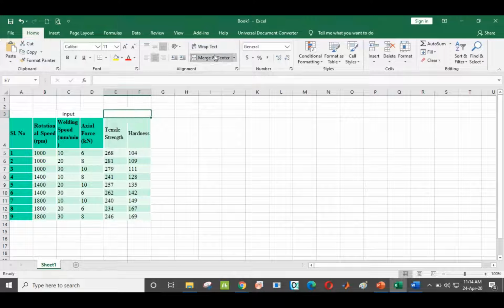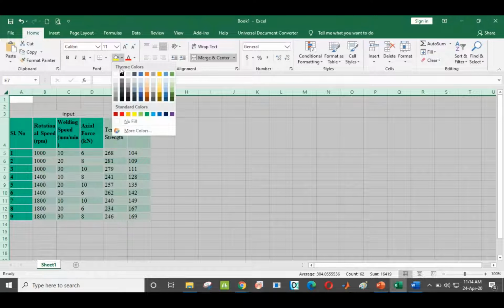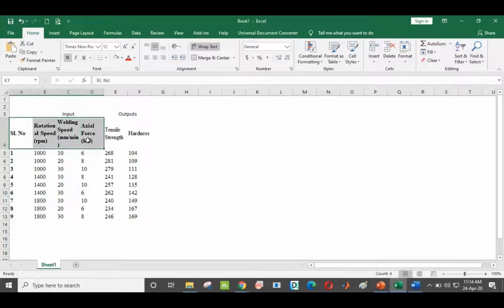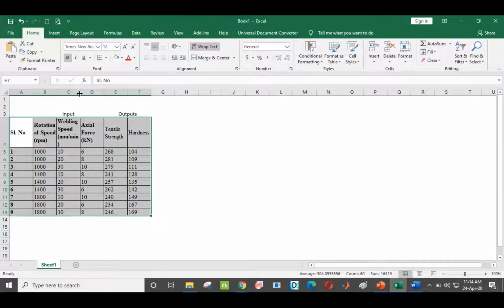So these two are my outputs. So these are my inputs and outputs.